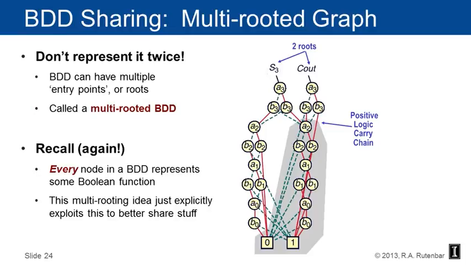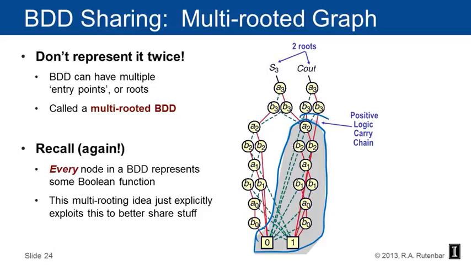And it turns out that there is really good news. One doesn't have to represent it twice. One can have the BDD have multiple entry points or multiple roots, right? One can simply share that subgraph. And so as I'm showing it here, again in gray, the carry out function gets to use it.